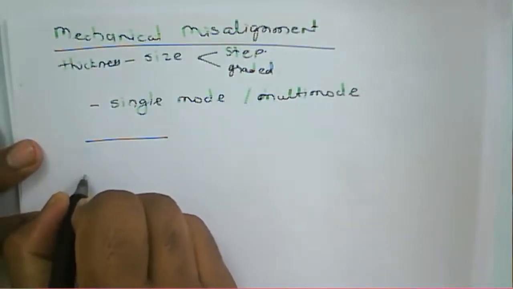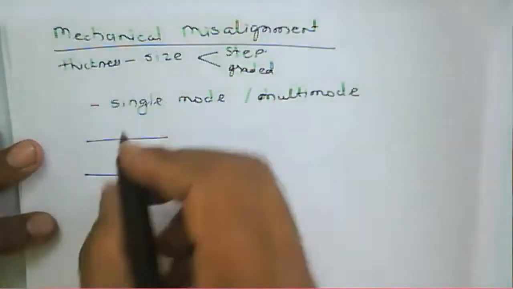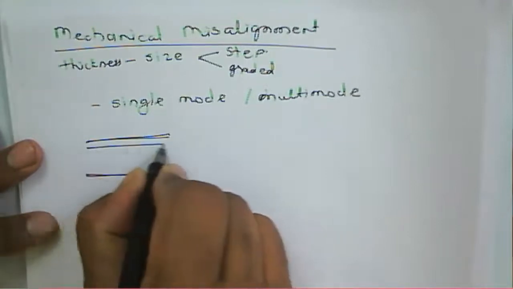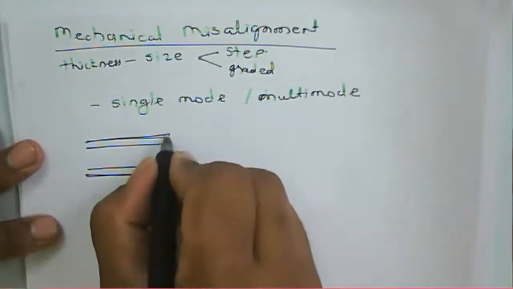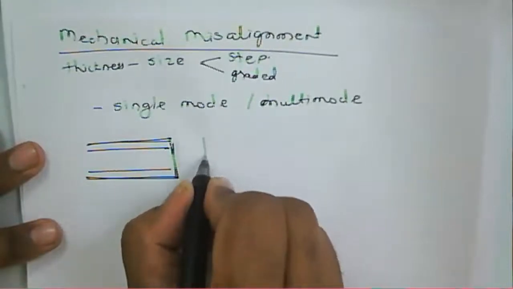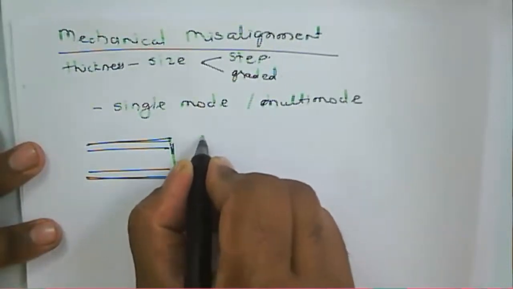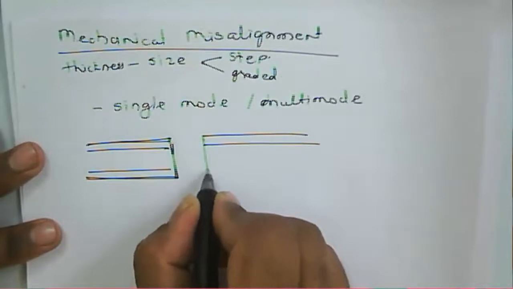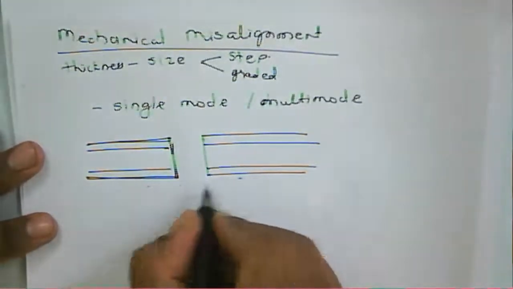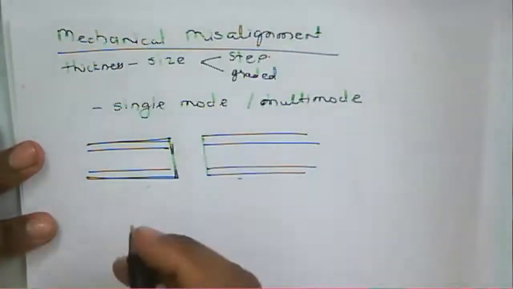So mechanical misalignment means what? For the same fiber with the same core size, it is one fiber, and another fiber here. Now if we say this is two fibers, the core size and thickness of the two fibers are everything the same.